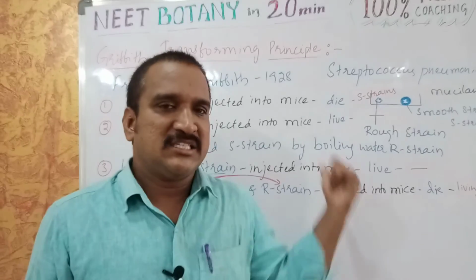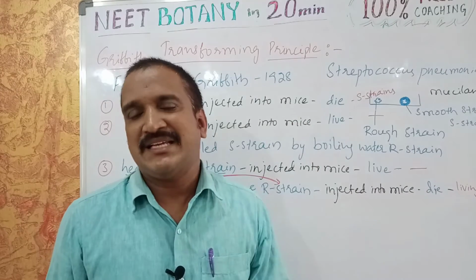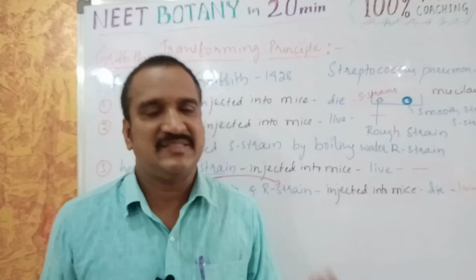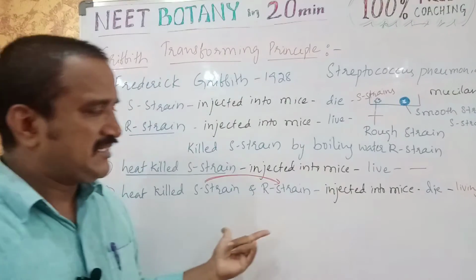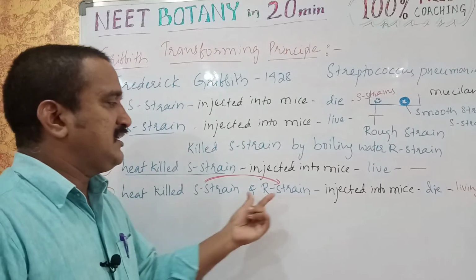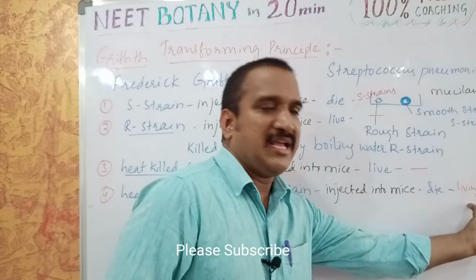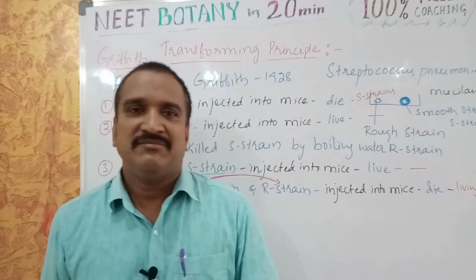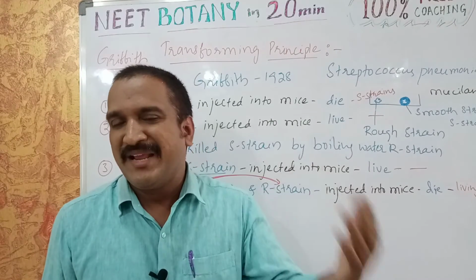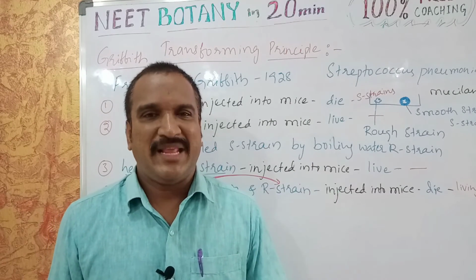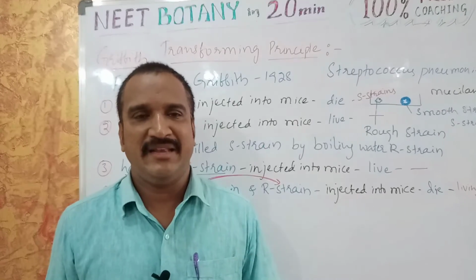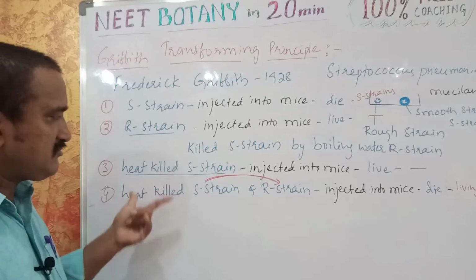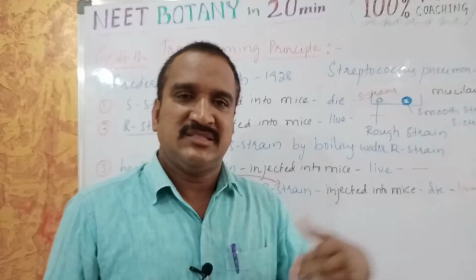Later, three scientists, Avery, McLeod and McCarty, continued this experiment. They examined the strain from the dead mice by applying different enzymes: proteases, RNases and DNases. When they applied RNases, the transformation continued.